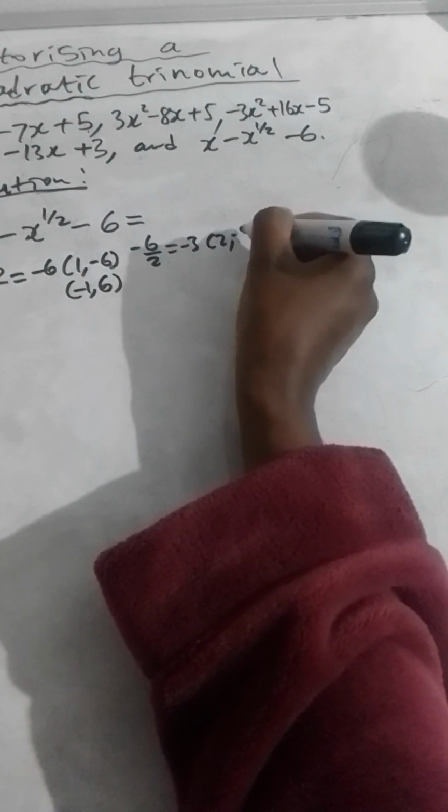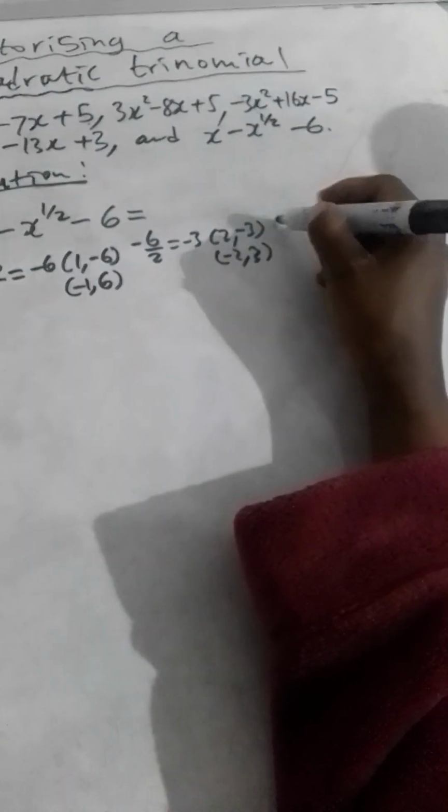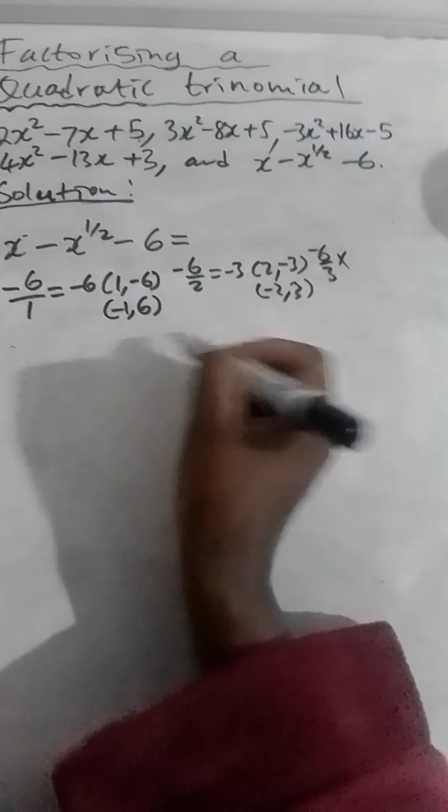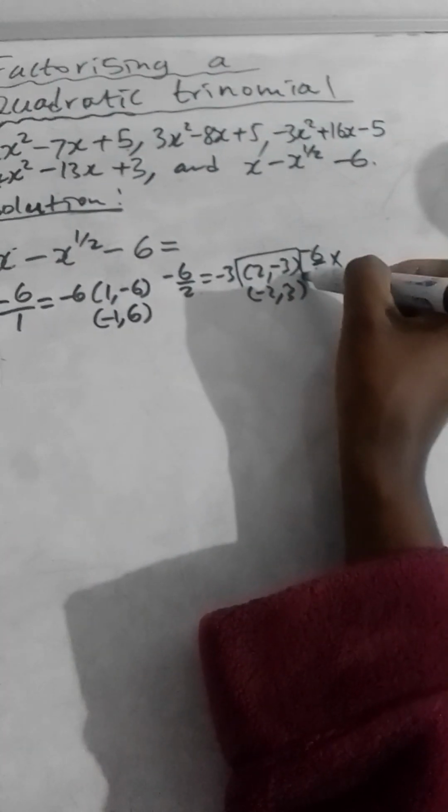So 2 and -3. And then the other pair will be -2 and 3. And then we go to -6 divided by 3. We already have 3, so we stop. Now, we check which factors here will give us -1. And if you check carefully, this pair here will give us -1. That's step number 1.